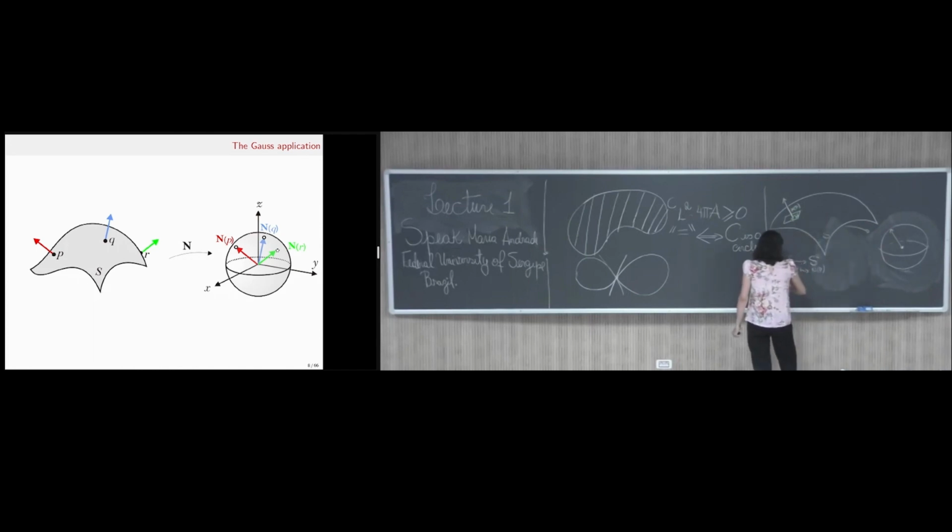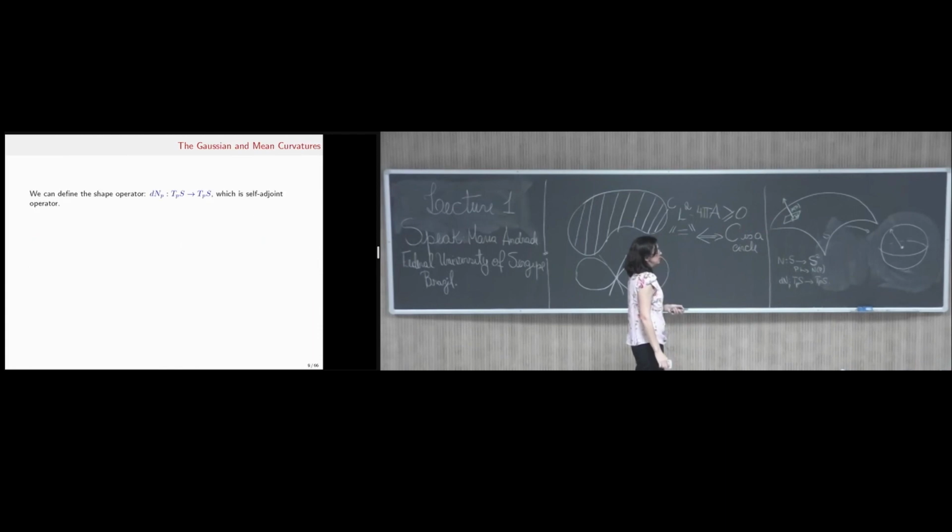So you can identify this differential operator in these two spaces. Why is this important? Because this operator is self-adjoint, so it is important for us.